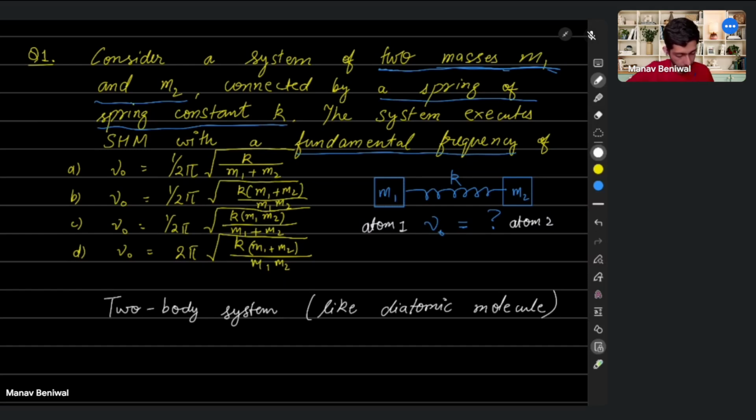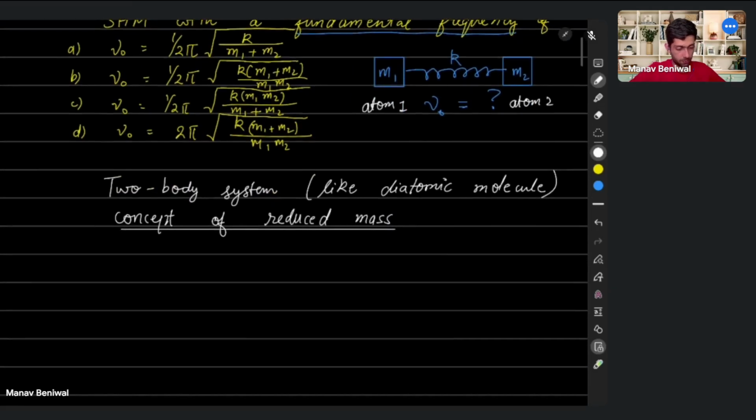For this we use the concept of reduced mass, and this will simplify the analysis of their motion.